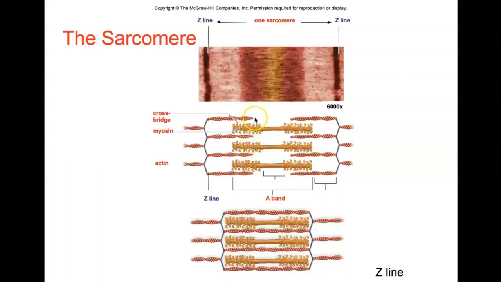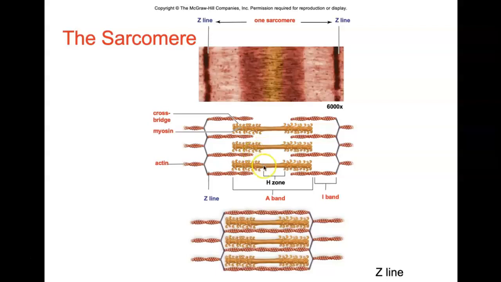In reality, it's because you have both actin and myosin filaments present in that region. The I band, on the other hand, would be these lighter regions on the sarcomere, and the I bands are the places where only actin protein is present.